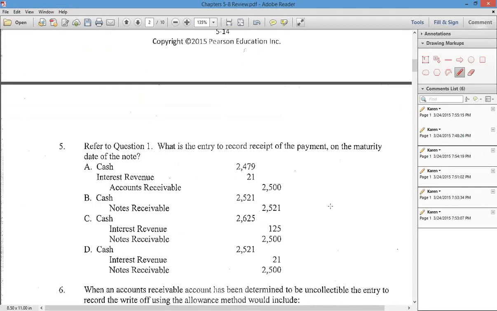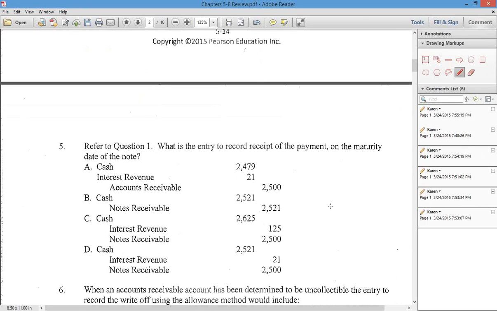And what other accounts would be affected? I'm encouraging each of you to work through this as you look at it, because it helps you to see what's done.